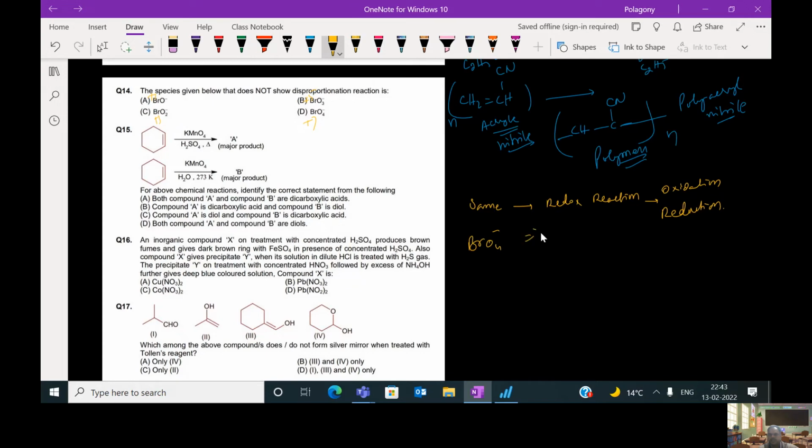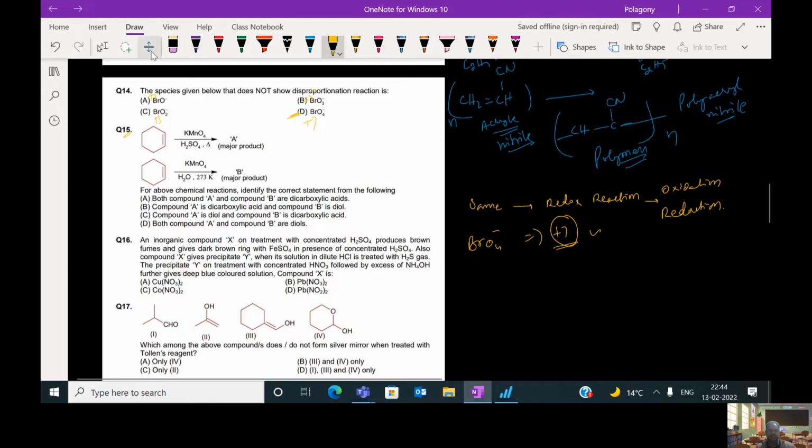So the oxidation state of bromine is +7, the highest oxidation state, which means it is already oxidized. That's why BrO4 minus doesn't undergo disproportionation, because the highest oxidation number of bromine is +7, so it does not undergo a disproportionation reaction.